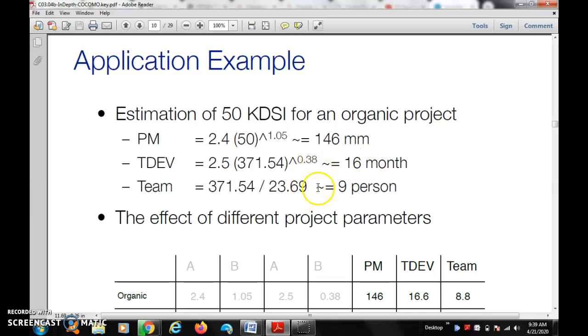Team development: 2.5 times 146 to the power 0.38 is equal to 16 months. Team size: 146 divided by 16 is about 9. The team consists of 9 people. For the estimate of 50 KDSI for the organic project, 16 months is required to develop and 146 person-months of effort. So the effort is required for different project parameters.